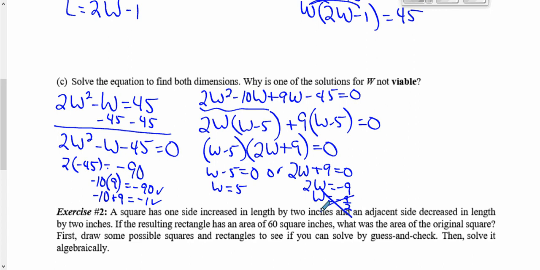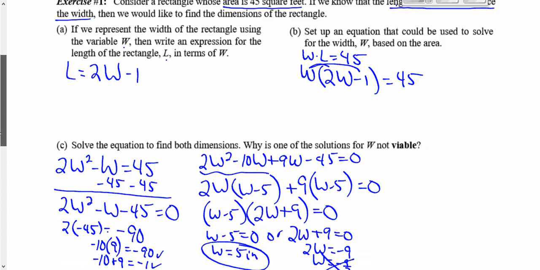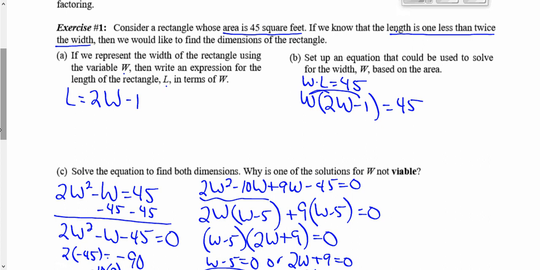And this is in inches, right? We've got the width. What else do we need? How do we find that? Right, the length equals 2 times 5 minus 1. What's the length? 9 inches.